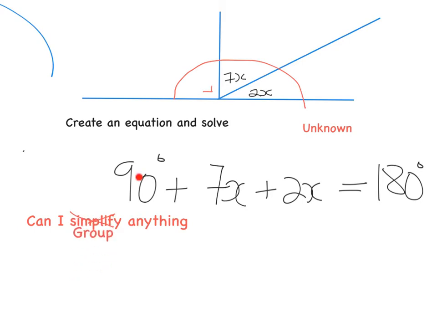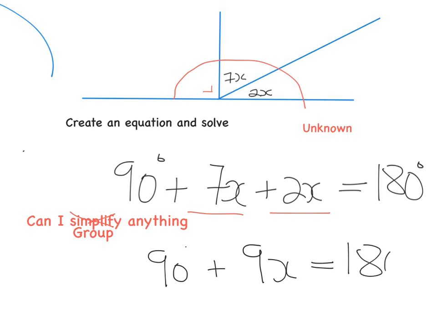Hopefully people are spotting that I can add the 7x and the 2x because they are like terms. So it now becomes 90 degrees plus 9x equals 180, because 7x and 2x gives me 9x.